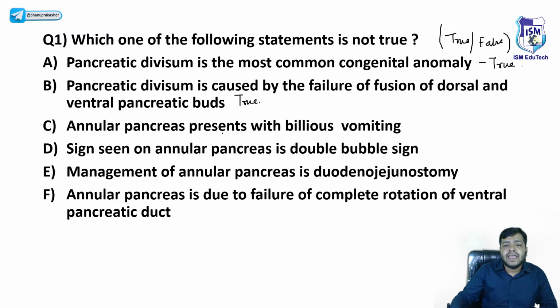Coming on to the third part, annular pancreas presents with bilious vomiting. Tell me, guys, annular pancreas presents with bilious vomiting or not? Most commonly, it is associated with... मोस्ट कॉमनली बेटा, अगर तुम्हें आंसर बताना हो कि वेदर इट इज यस और नो, तो अब तुम मुझे बताओ कि इसमें क्या आंसर करोगे, ट्रू और फॉल्स, या ट्रू बट इट्स नॉट कॉमन. आई एम आस्किंग यू, इट्स ट्रू और नॉट? मोस्ट कॉमन इज नॉन बिलियस, तो बेटा द स्टेटमेंट इज फॉल्स.